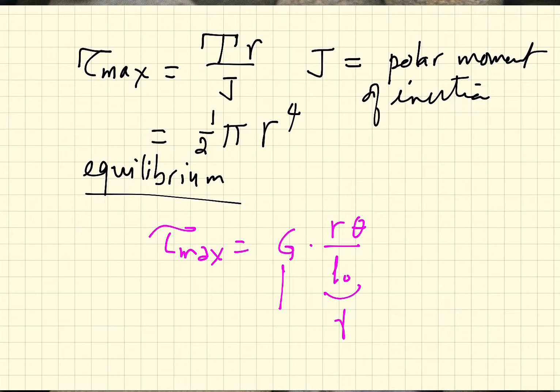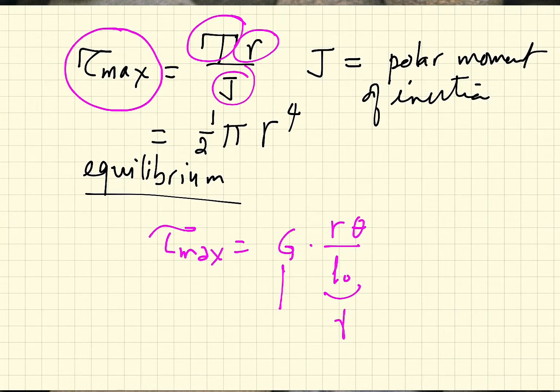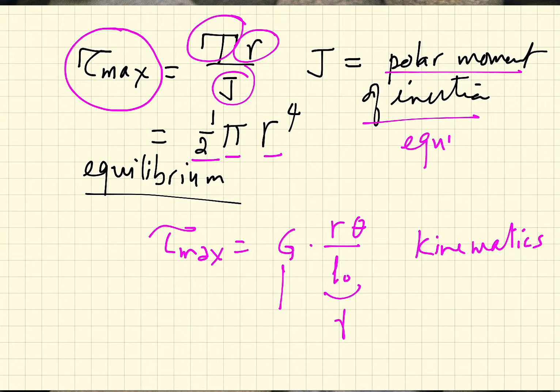We multiply them together. If we apply equilibrium, however, we can also find that tau max is equal to the applied torque times R over J, where J is called the polar moment of inertia, and that is equal to 1/2 pi R to the power 4. So both approaches, this is using kinematics, and the top one is using equilibrium.